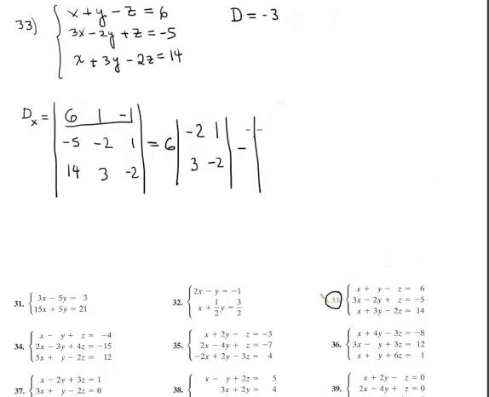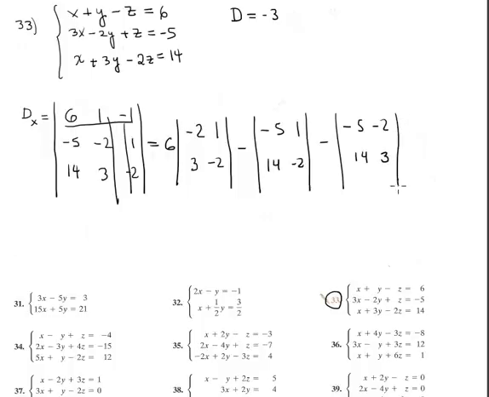Get the second. When you delete this and this, we have negative 5, 1, 14, and minus 2. Minus, this delete, and this is negative 5, negative 2, 14, and 3. Okay, so now it's 6 times multiplication this and this.